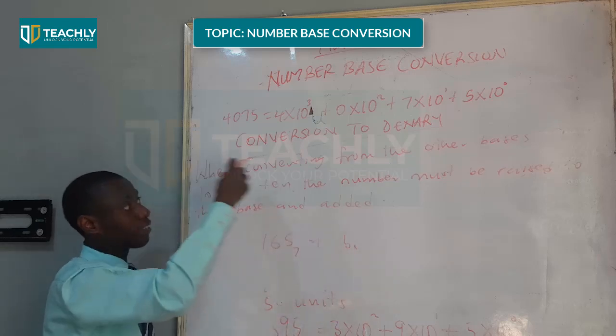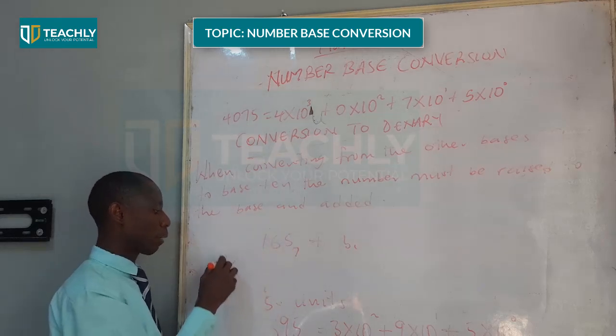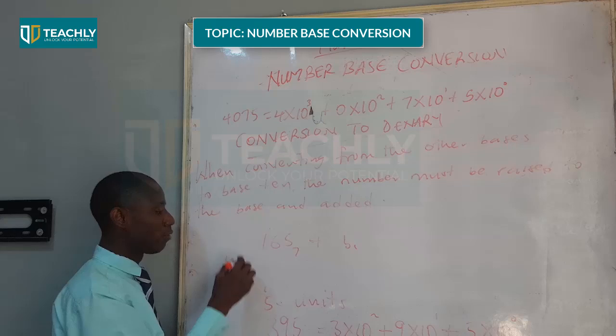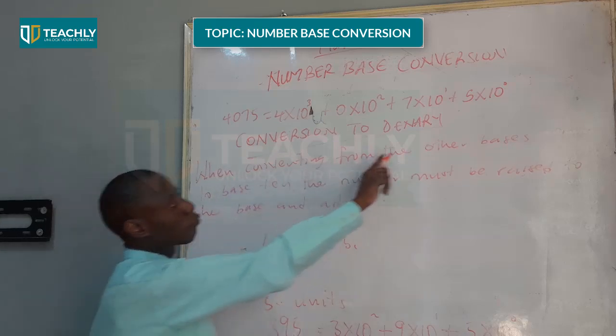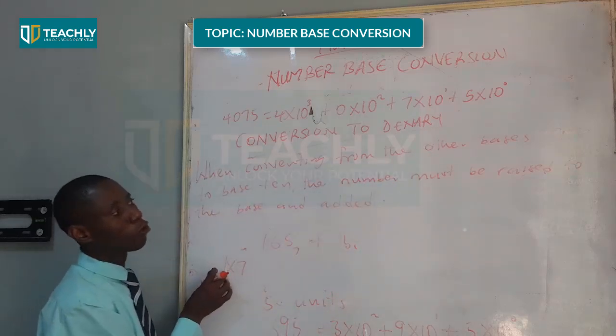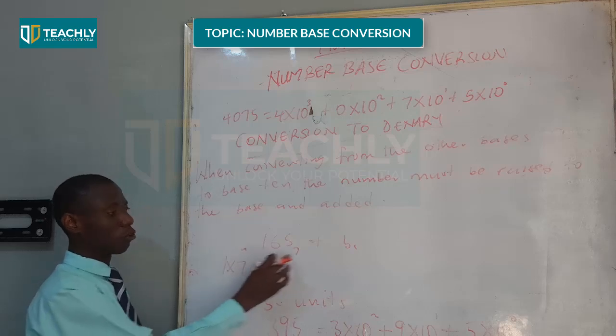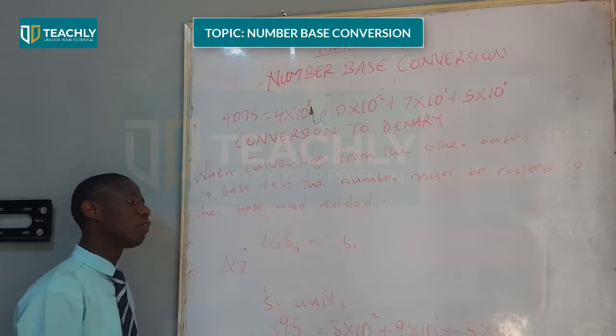So what this explanation is saying here is that you are to multiply the number by the base. You are going to raise the base with a power. And that's how you convert from the other bases to base 10. This particular number must be raised to the base. So you are going to raise each number by the base.